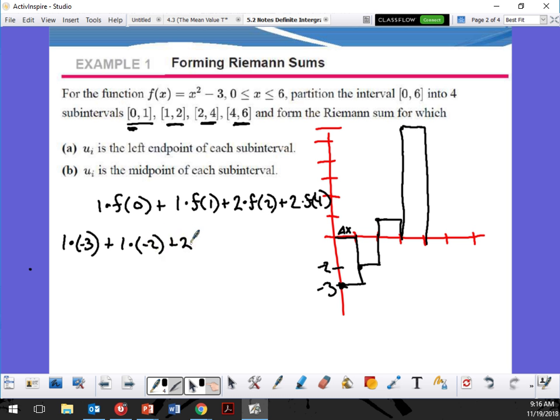Plus 2 times, what's f of 2? 1, right? Plus 2 times f of 4, 13. So I have -3 minus 2 plus 2 plus 26.